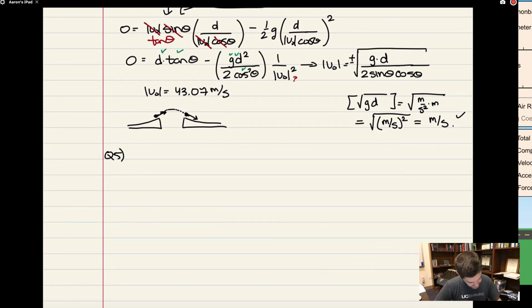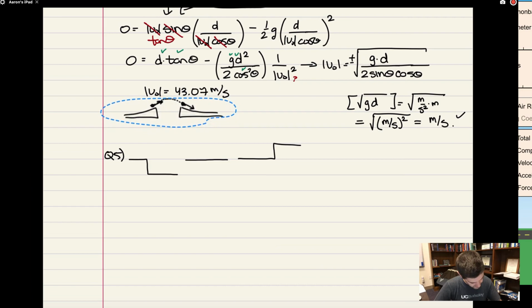So question 5, the idea is that there are 3 examples here. And the idea is that a projectile is launched.